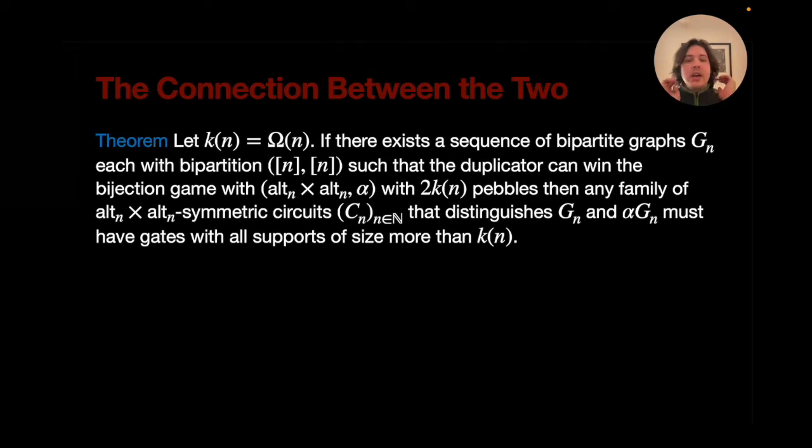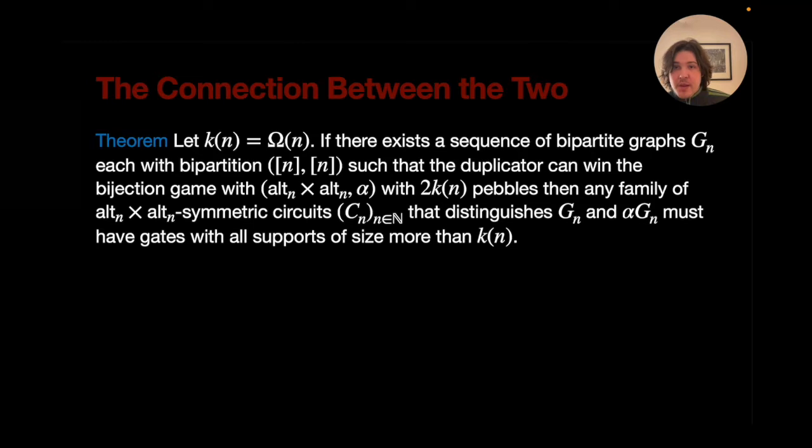In other words, if the duplicator has a winning strategy for the game with 2k pebbles, then it follows that any circuit that distinguishes these two representations of the graph must have all gates with all supports of size more than k.